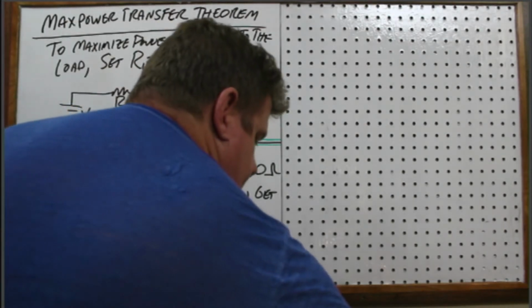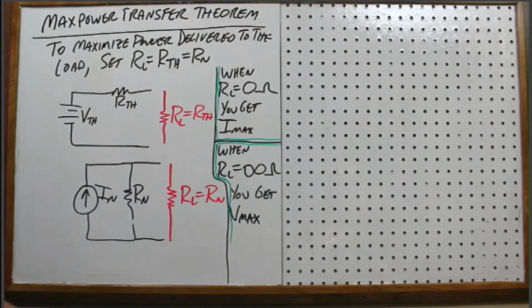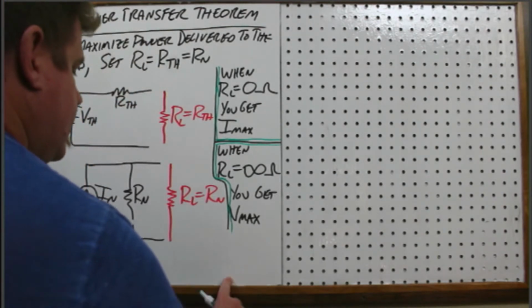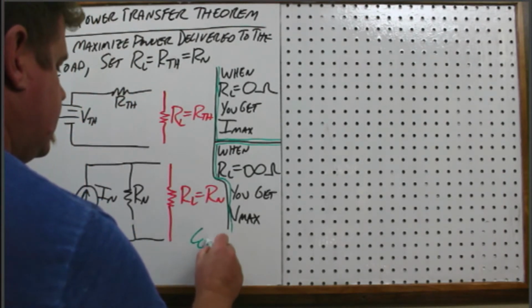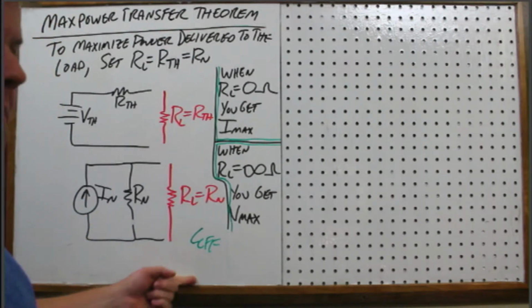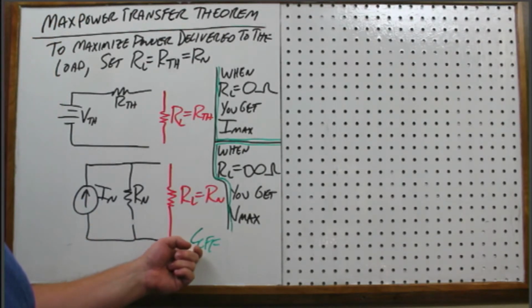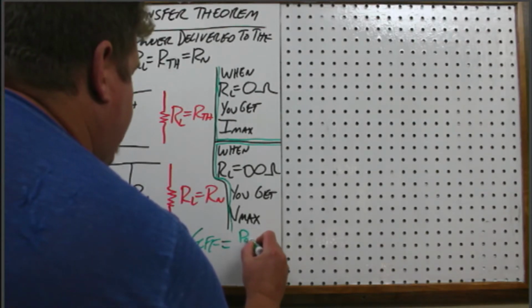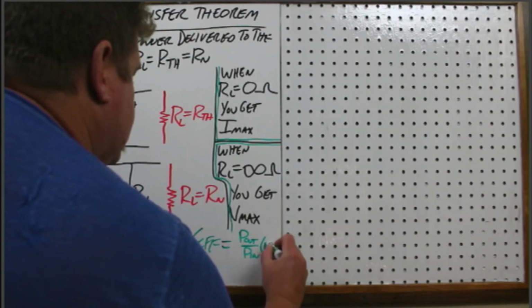Here's the other thing that I want you to know about when we are at max power transfer: efficiency. This is something that's really good for your appliances in your home. If they have a high efficiency, that means power out over power in times 100%.